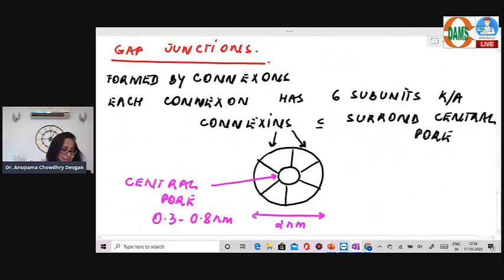Gap junctions are formed by connexins. Each connexon has 6 subunits, which are known as connexins, and these connexins surround a central pore.